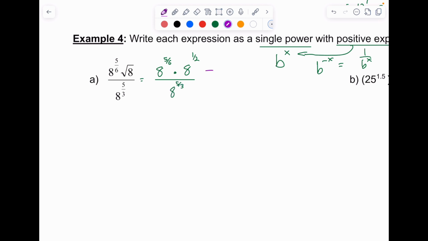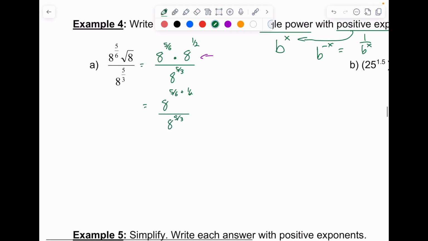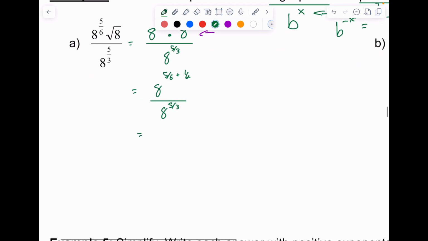So let's clean up our numerator here, okay? So those are the same bases being multiplied. So I can add my exponents. That's 8 to the 5/6 plus 1/2, all over 8 to the 5/3 still. Okay, 5/6 plus 1/2. Again, get your common denominator. So again, these would have to be multiplied by 3.